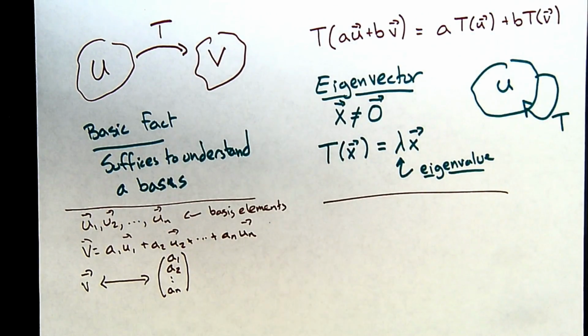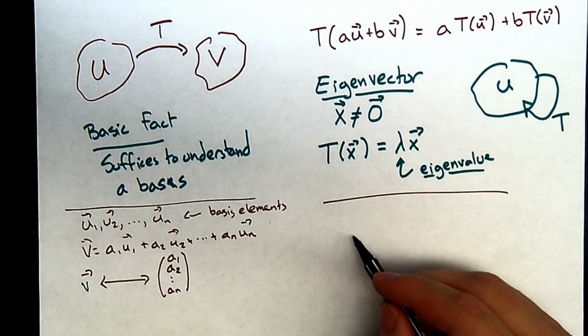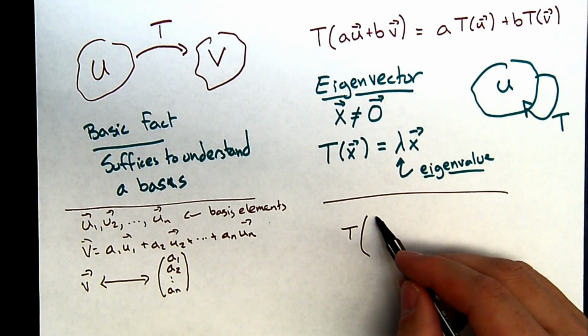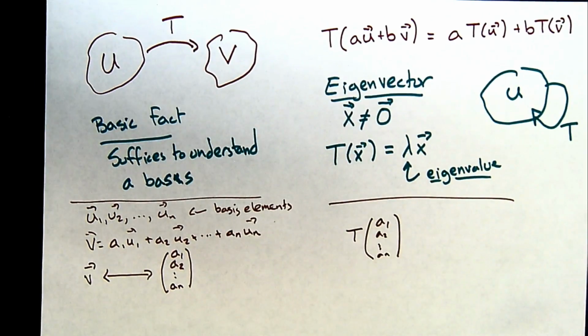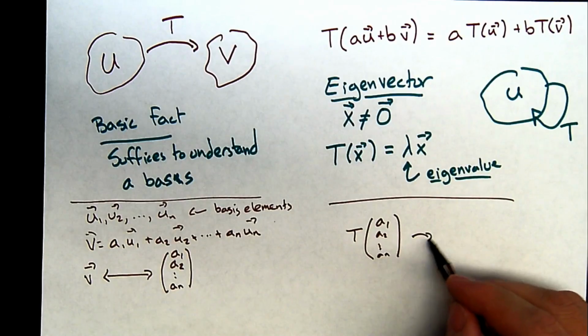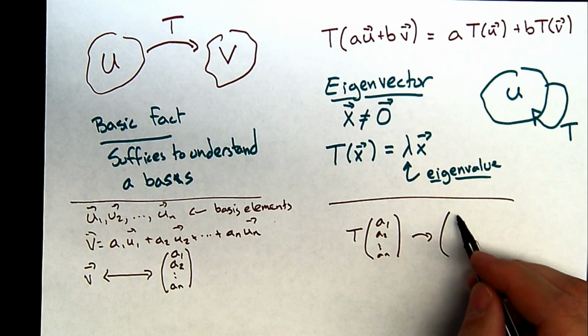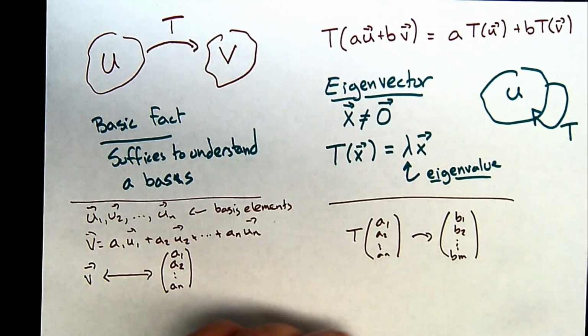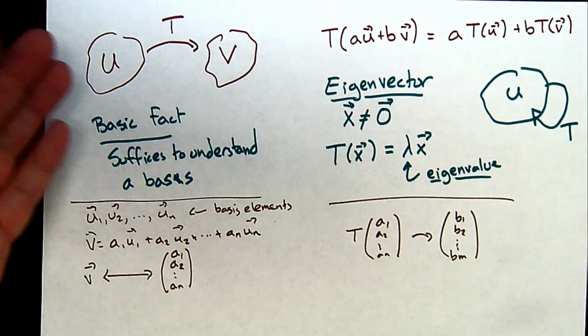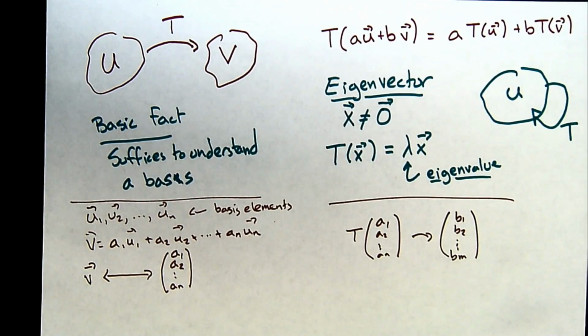Now I fix a basis for u, and I fix a basis for v. So I have this linear transformation, and my vector, which I now represent by a column of numbers, is going to go to a new column of numbers. And depending on the dimension, they might have different size.